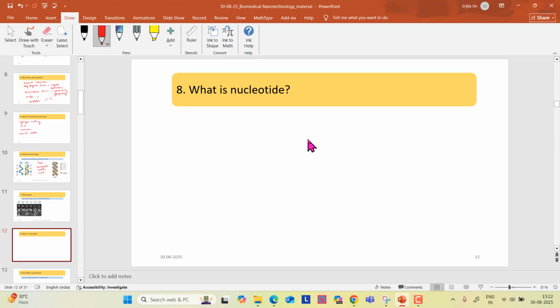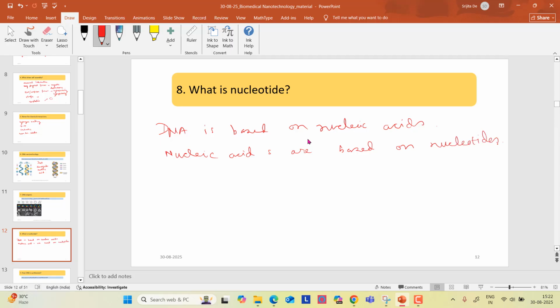Okay, so next comes, what is nucleotide? Nucleotide is also part of the DNA. DNA is based on nucleic acids, and these nucleic acids are based on nucleotides, right?